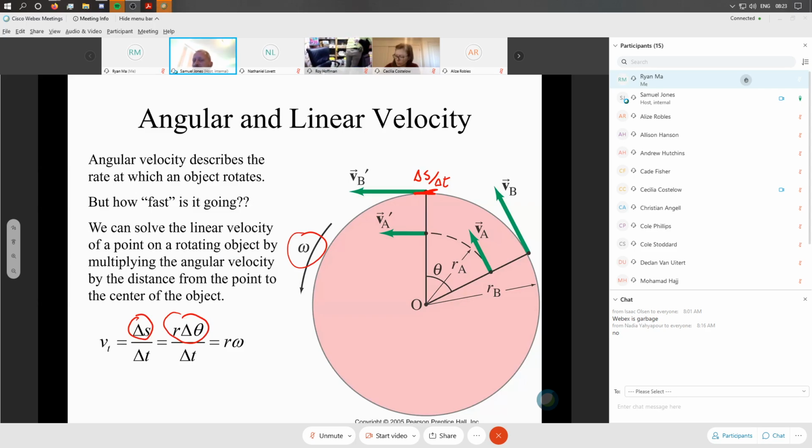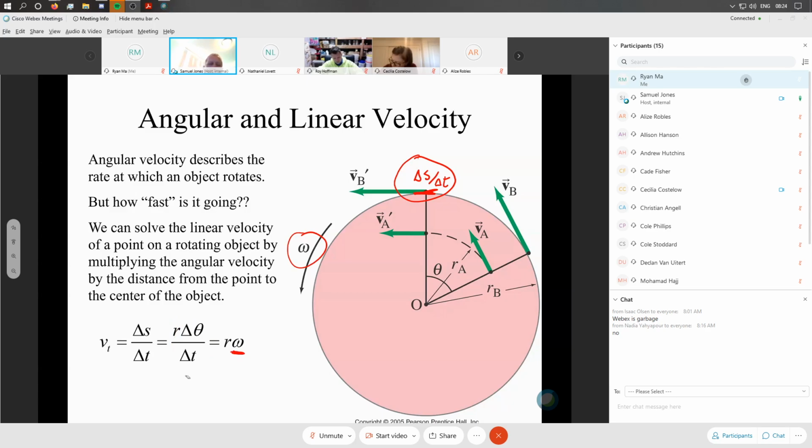By the definition of theta being S over r, that means S is equal to r times theta. And so I can take my velocity at this point and rewrite it as r delta theta over delta t. Does everybody follow that argument? Well, as we defined on the previous slide, delta theta over delta t is the same thing as omega.